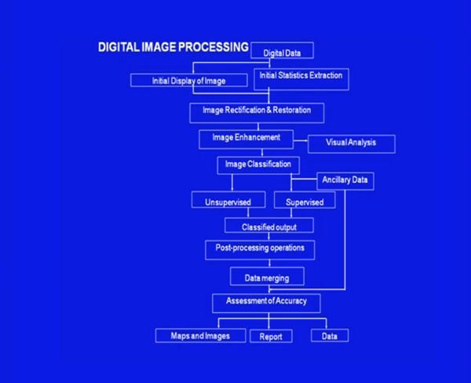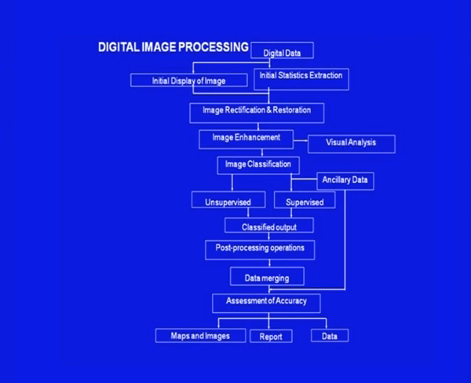After that, we may have the processes of image rectification and restoration, and image enhancement. At this stage, based on the image enhancement, one can carry out a visual analysis procedure or continue in the digital form for image classification. However, this will require some ancillary data to support the analyst in identifying information classes.